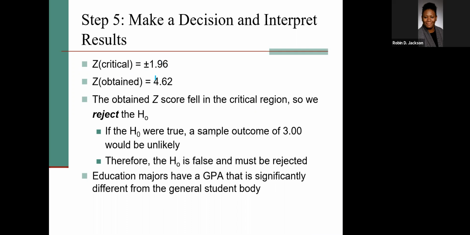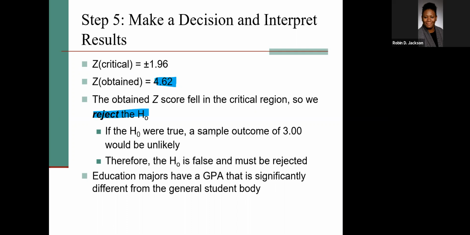Z obtained is 4.62. The fact that that Z obtained fell in the critical region, we know that we can reject the null hypothesis. So if we were to state this in normal speak, we are basically saying that there are differences between education majors and everyone else.